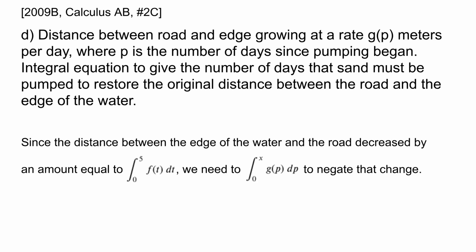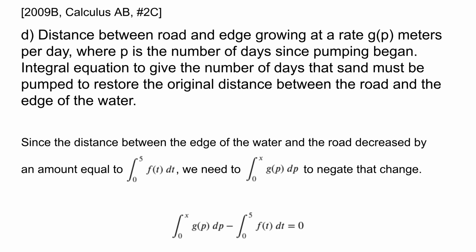Since the distance between the edge of the water and the road decreased by an amount equal to the integral from 0 to 5 of f of t dt, we need an integral from 0 to x of g of p dp to negate that change. In other words, we need it to undo everything that the storm did, and so we want those values to be equal.